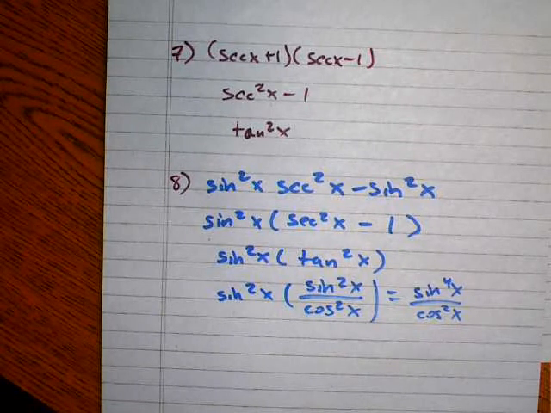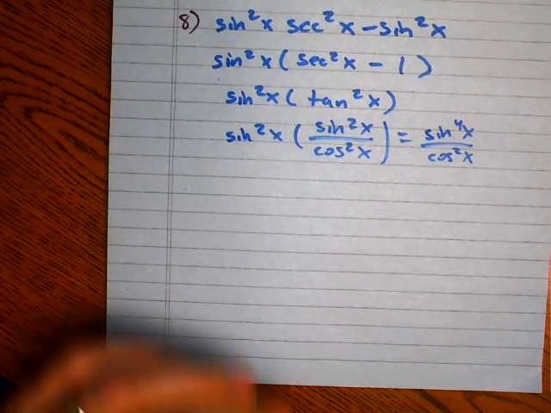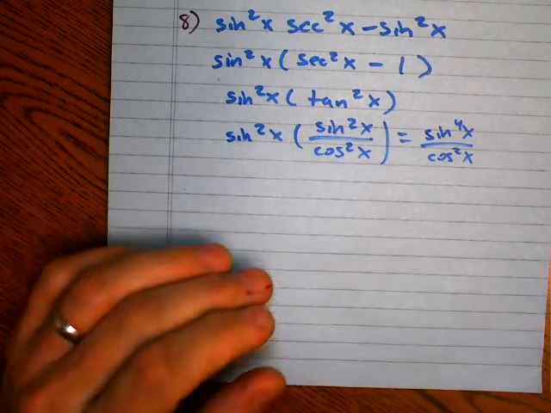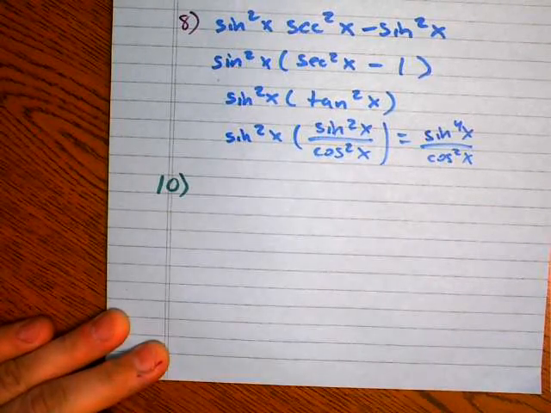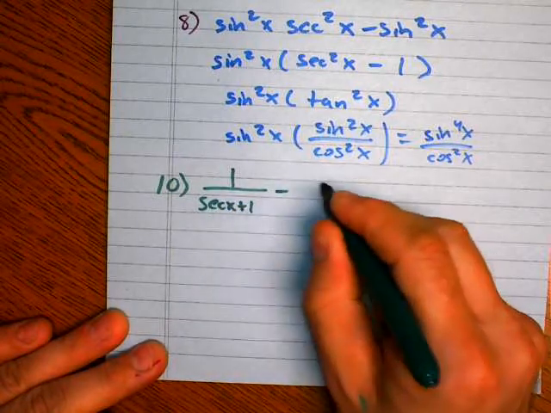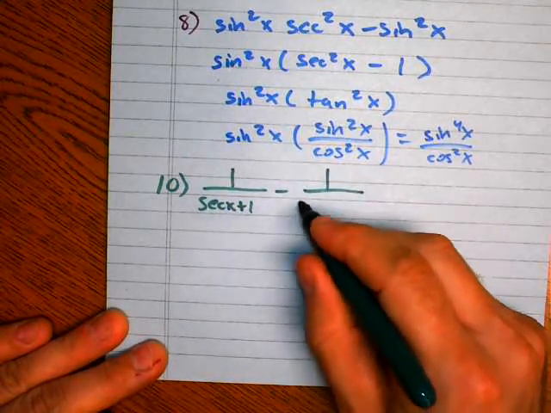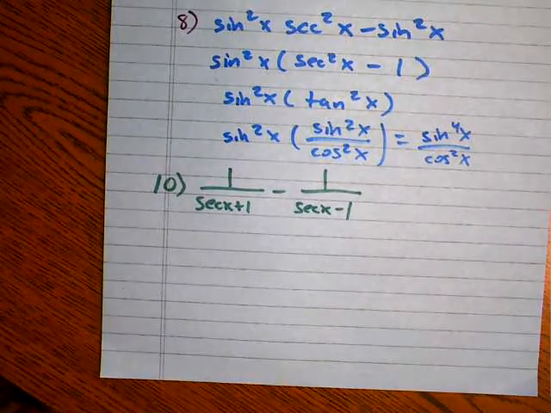Okay, let's just skip down to number 10. So we can do a common denominator one. Okay, the reason I know I need a common denominator is because I'm subtracting 2 fractions.